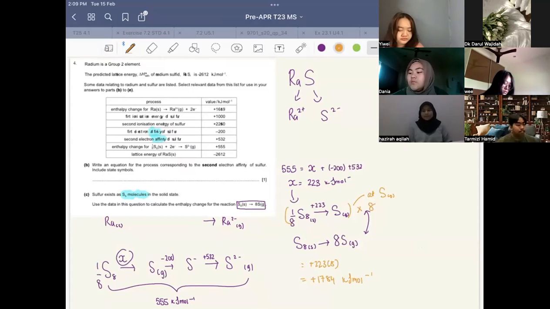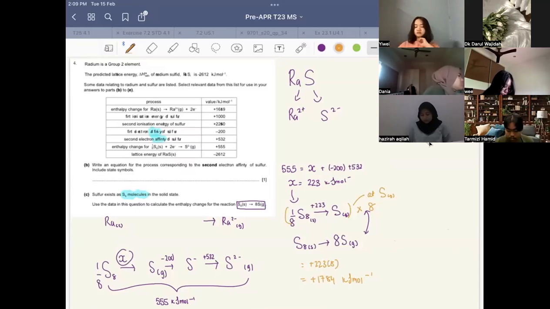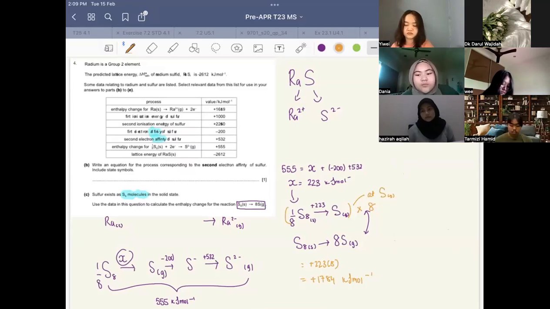Let me just double check. Yes, page 8 and 9, not textbook, sorry, in your notes. You don't have to learn that for tomorrow's test. Do you have any questions before we go?